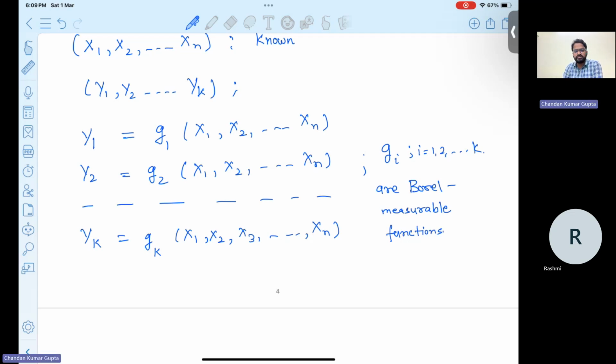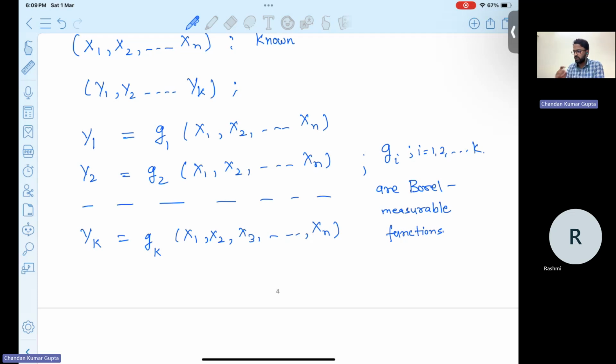We discussed in the fifth week that when the y variable is associated with the x variable via a function, and those functions are Borel measurable, then those y variables are also random variables. We have already discussed that in previous lectures. So in that case, we transform random variables with the help of known random variables.